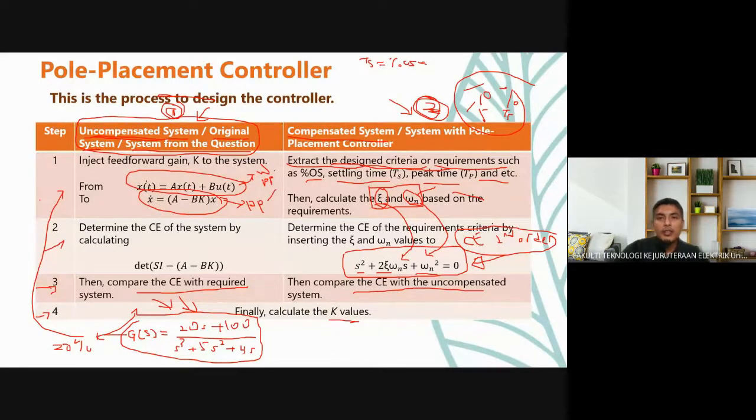This is with pole placement, this is without pole placement. After that, you need to determine the characteristic equation of the system with the pole placement, and then you compare these two equations in order to obtain the K values. This is just the step.